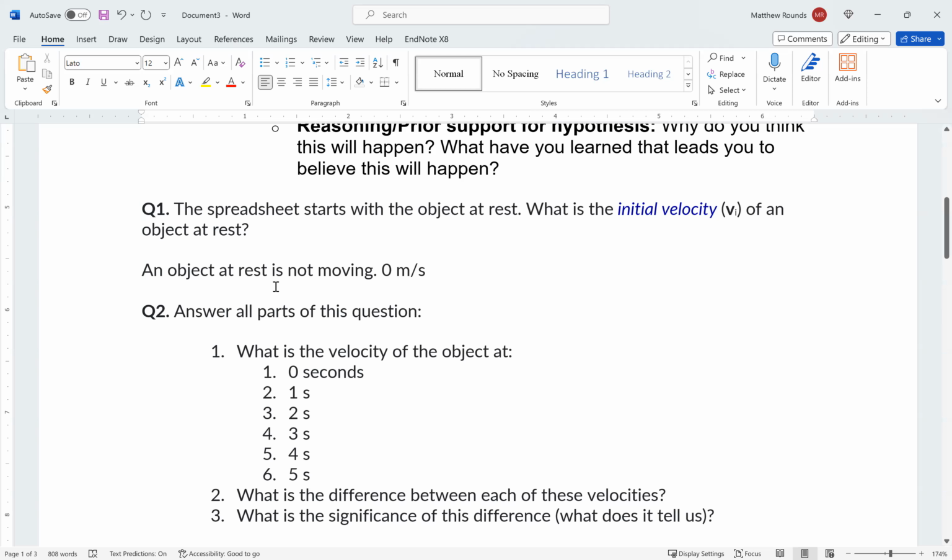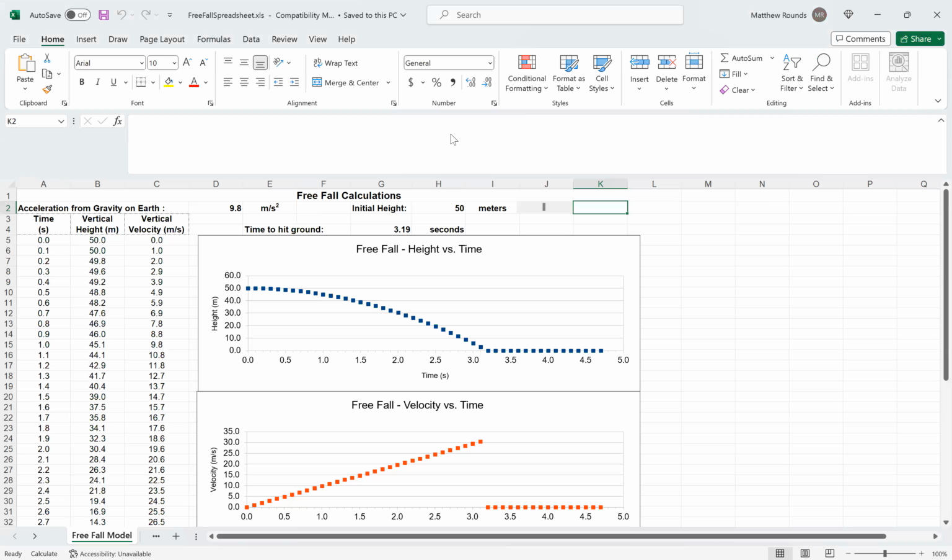The next part of the question is to find the velocity of the object at 0, 1, 2, 3, 4, and 5 seconds. The way to do this, let me go share that other screen. So we're looking for 1 second, we want that value right there, 9.8. Does that make sense?